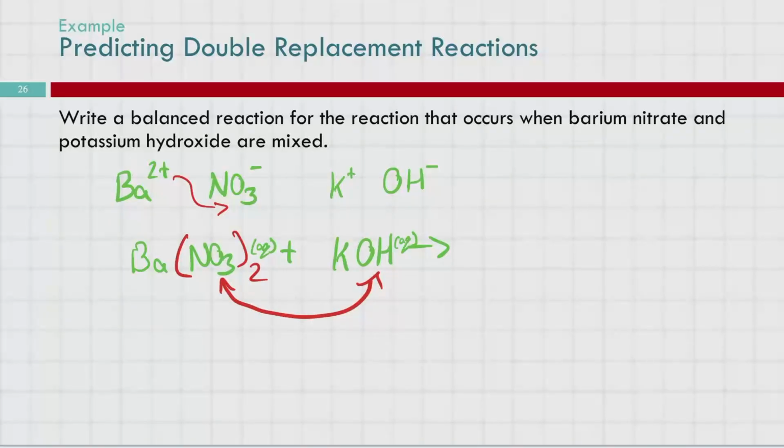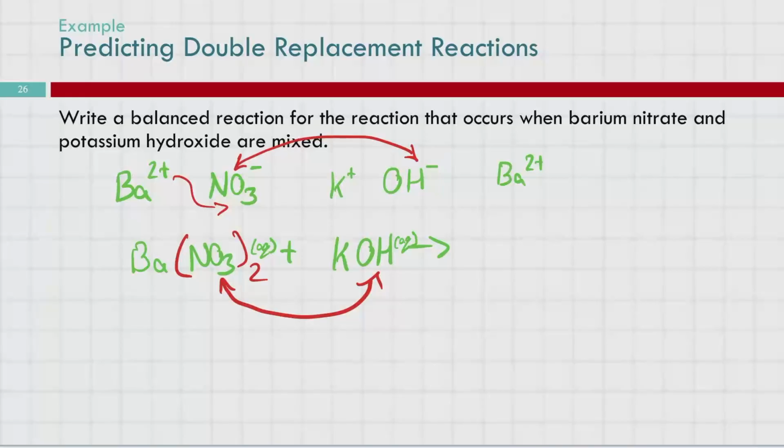We've already got them split up into their halves, into their ions up top, so I'm going to reuse those. So we're going to swap our nitrate and our hydroxide. So rewriting on the product side, we're going to rewrite the barium ion, Ba2 plus. It's now paired with hydroxide.